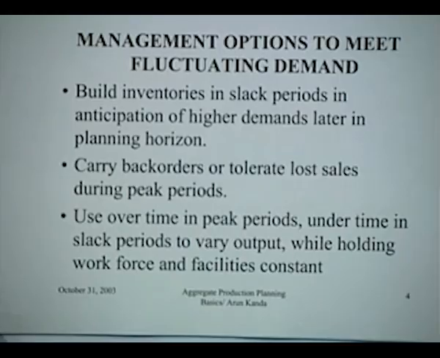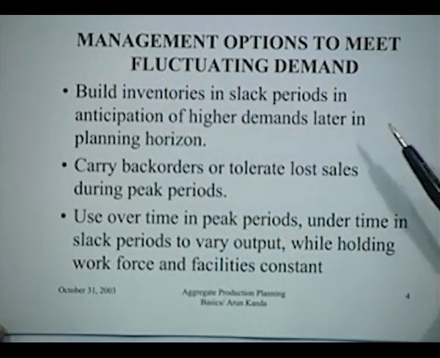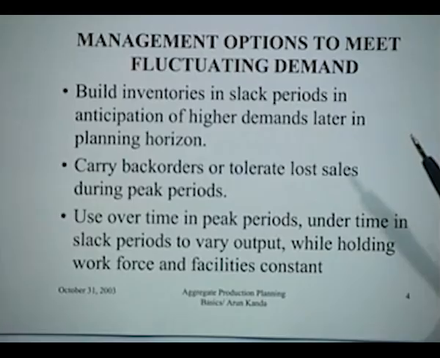We have already indicated that the basic problem in aggregate production planning that we are trying to solve is the problem of meeting a fluctuating demand. If you were sure, for instance, that the demand in each month is going to be 100 units and this will continue ad infinitum, then production planning will be a relatively simple affair.